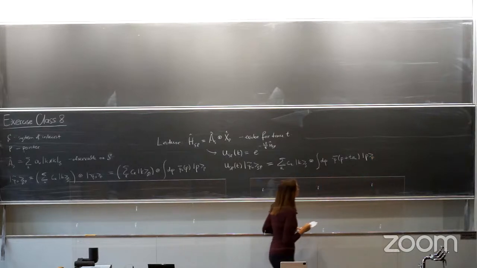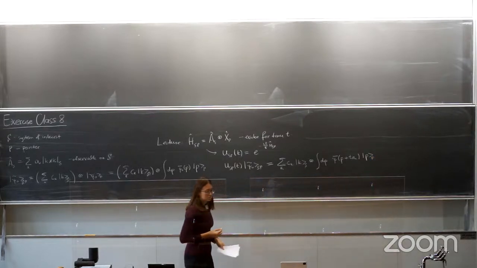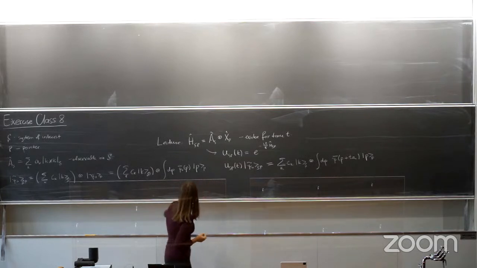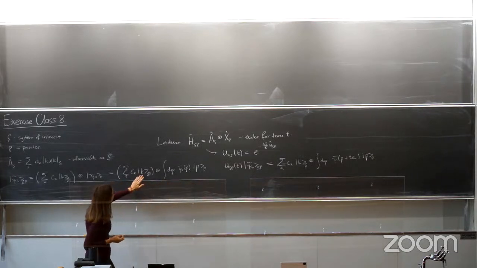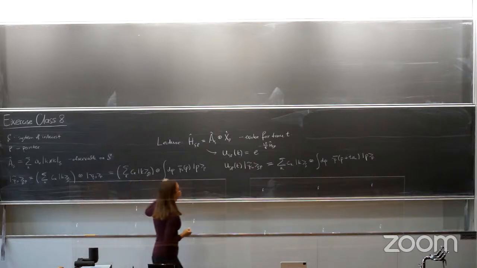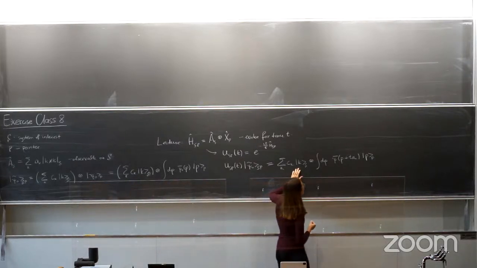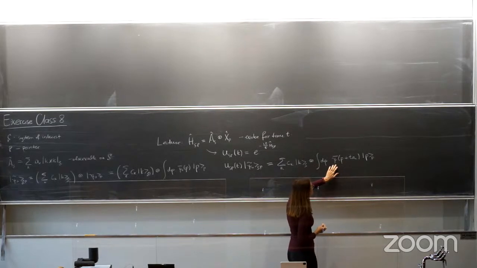So basically what happens during this evolution is that each of these basis states k, which is in this superposition, gets coupled with the shifted momentum function of the pointer.